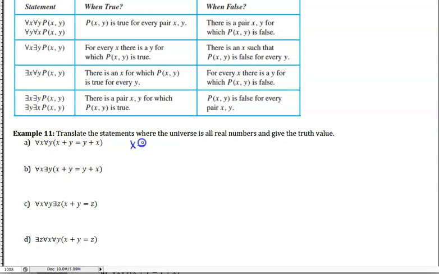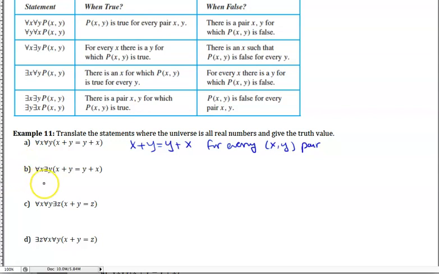So x plus y equals y plus x for every x, y pair. If I have two numbers, this statement is true for any two numbers x and y.